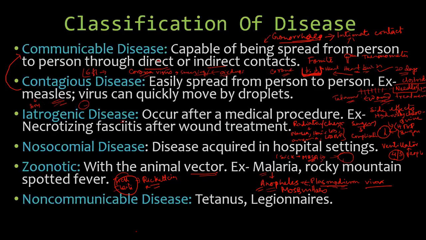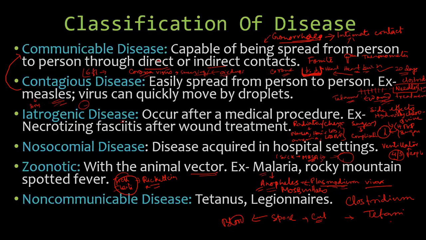Zoo means animal. Non-communicable disease: tetanus, Legionnaires. Like Clostridium tetani, I told you. You only get it if there is a wound, any cut or wound, and that spore can enter the blood circulatory system.